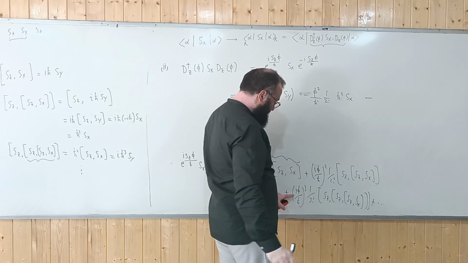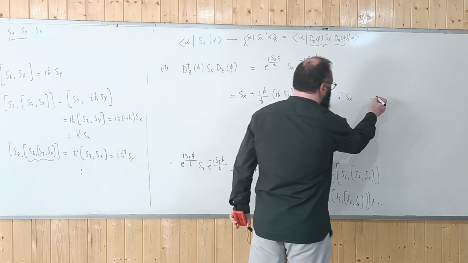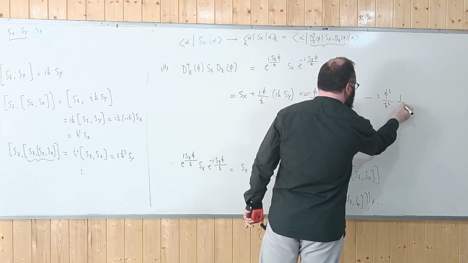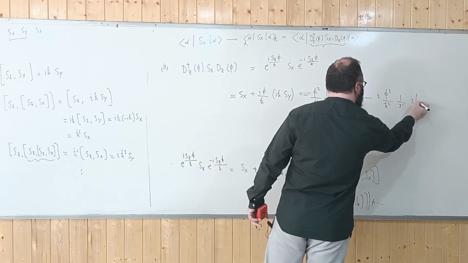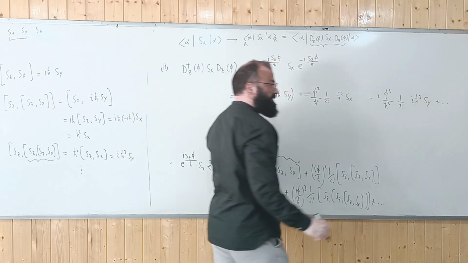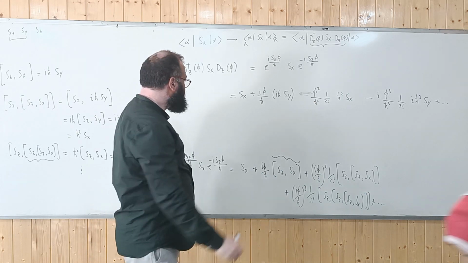It is i cube, that is minus i. So it is minus i phi cube by h cross cube, 1 by 3 factorial. What is the value of the commutator? i h cube Sy, plus 1. Everybody followed it? Okay, good.